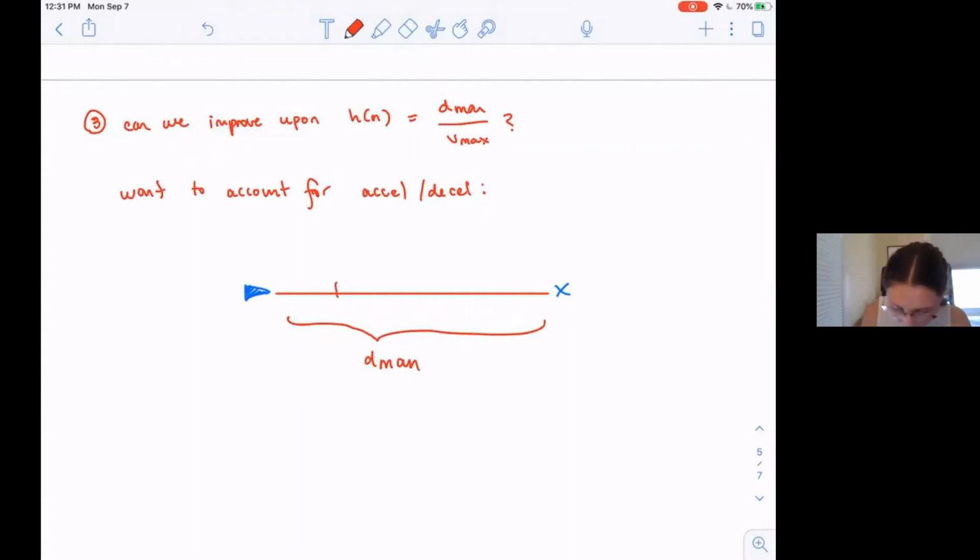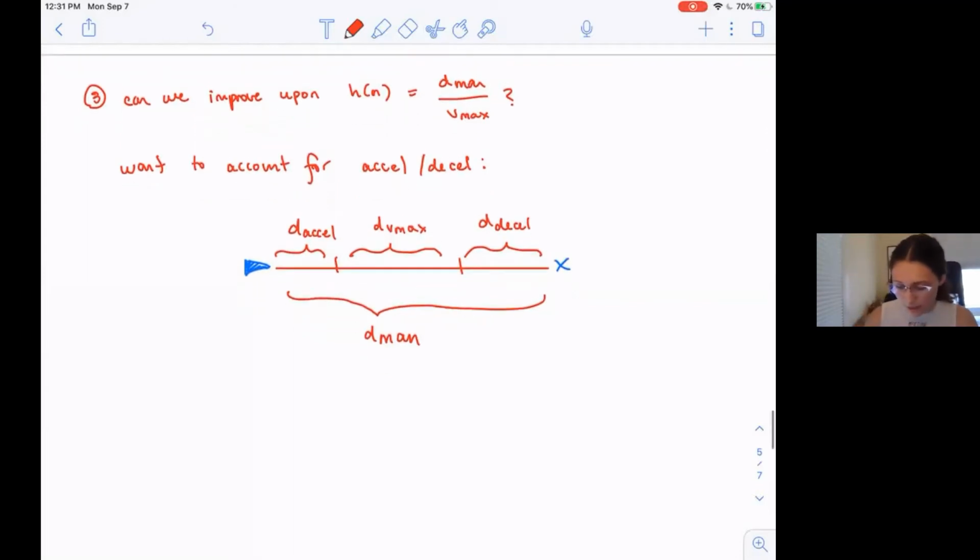The first segment, let's call it d_accel, is the distance that our agent travels while it's still accelerating. Then the middle section, let's call that d_vmax. That's the total distance traveled by our agent when it's just maxing out its velocity. And then the final segment is d_decel. That's the distance that our agent travels as it's decelerating all the way down to v equals 0 when it reaches the goal.